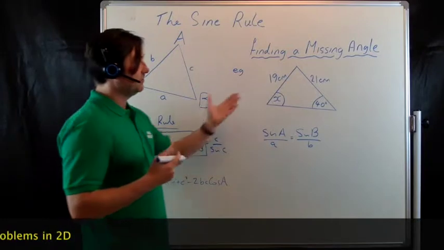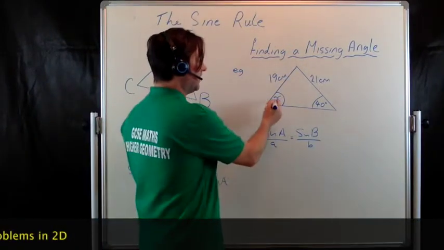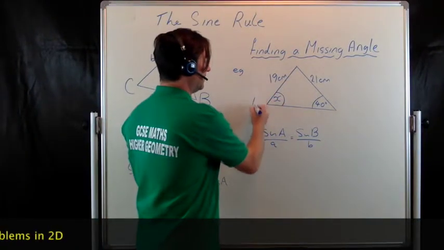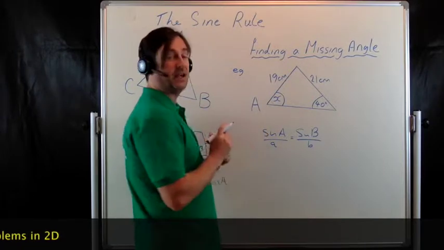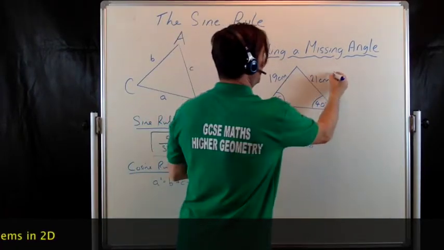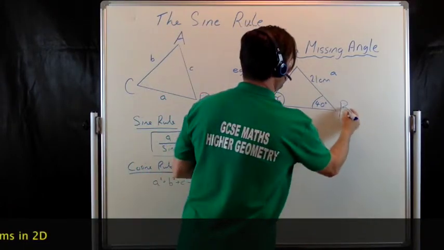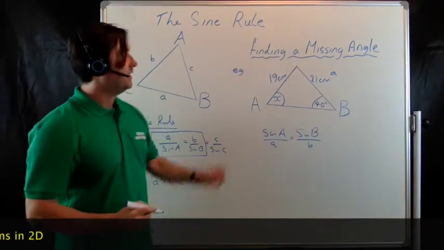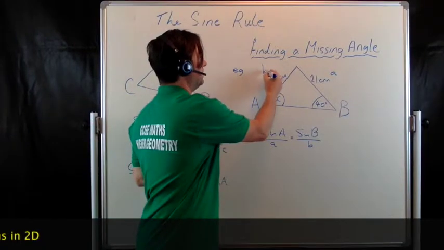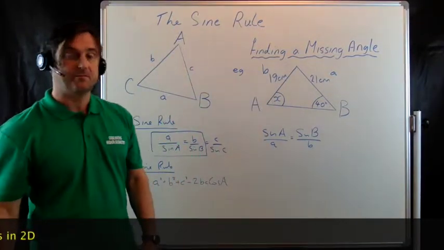So we label our triangle, making sure that the angle we want to find we label as A, but it's big A this time. The opposite side will be little a, and then the other angle that we know we label as B, and the one opposite that will be little b.